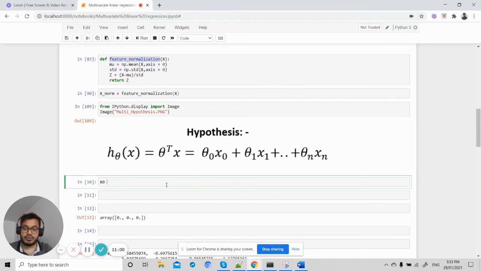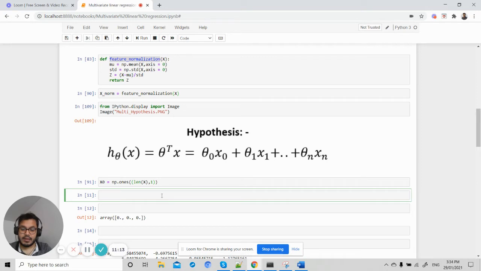Our x naught will be np dot ones of length of x comma 1. And our x will be equal to np dot append, x naught with x, comma axis equals 1.